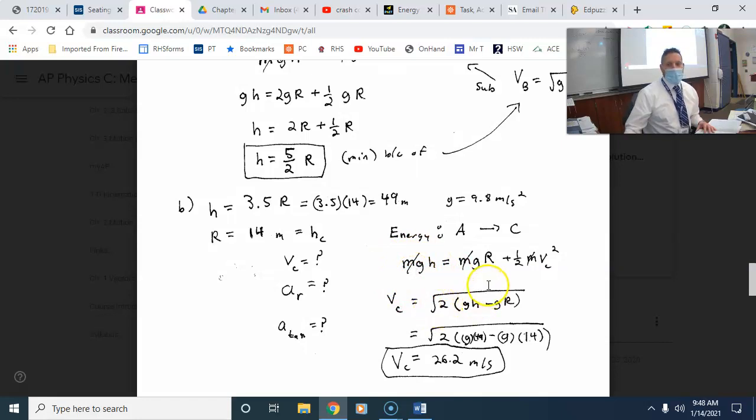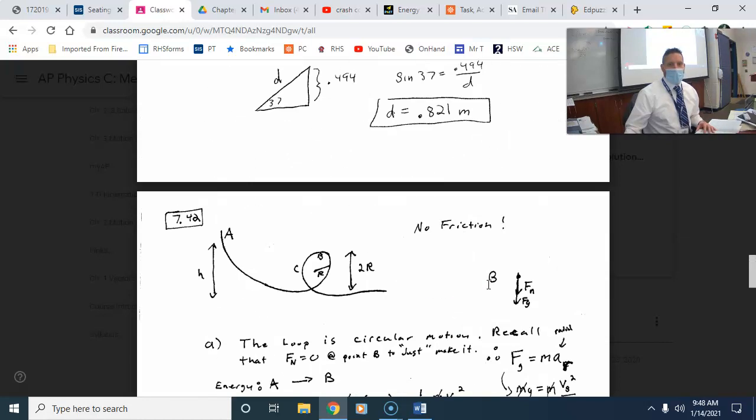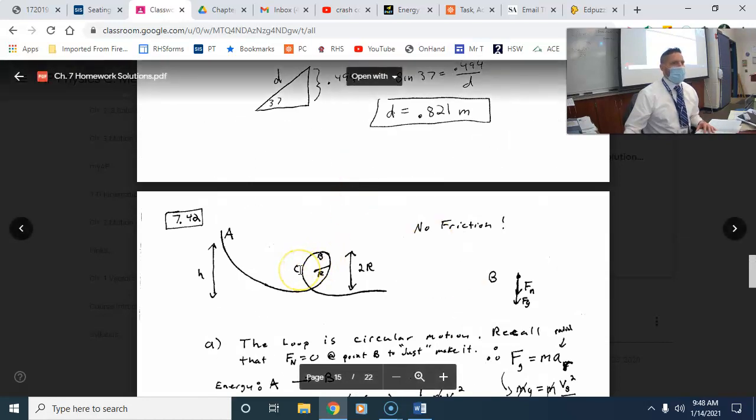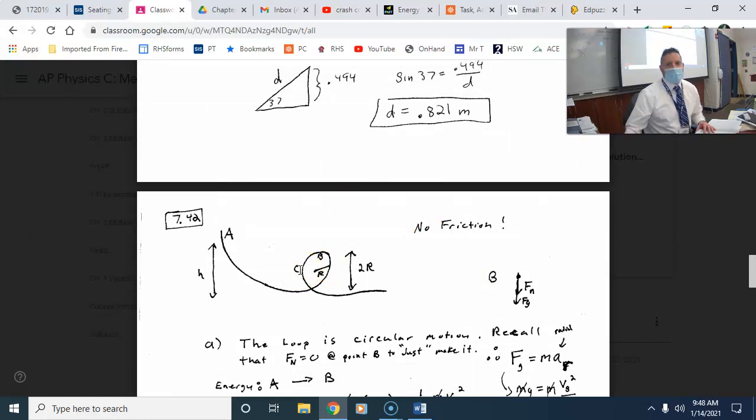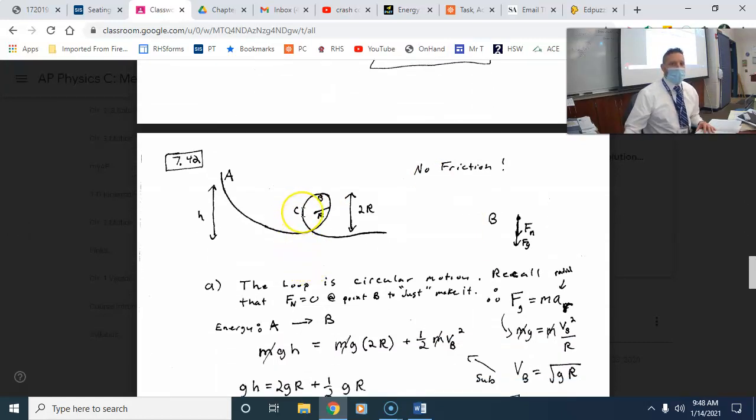And we are going to have both potential and kinetic at this position right here. Now, at this position, looking in the book, it's more clear. This position is right across from the middle, so its vertical height would just be what down to the bottom?